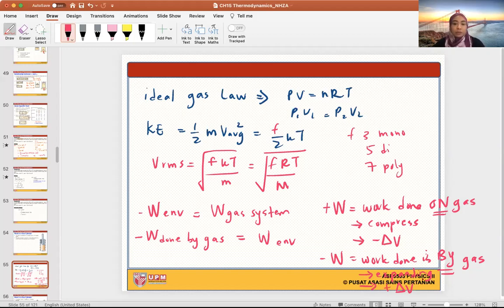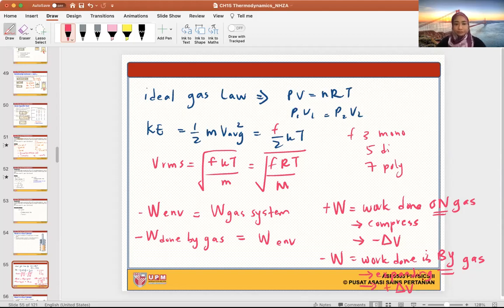So it has to go somewhere. If my gas system is losing energy, it goes to the environment. If the environment is losing energy, it goes to the gas system. Memang takkan pergi mana-mana lah. Kita assume this is the ideal case. There's no air resistance, there's no whatever lah, tak ada benda lain. Kita cakap for ideal cases. So this simplifies things. Okay, so that is work, compress and expand.